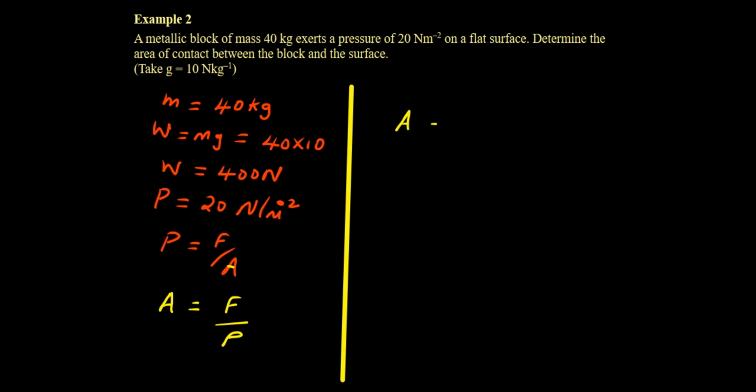Now substituting the whole thing, we have a force which is equivalent to 400 newtons and a pressure which is 20 newton per square meter. So area is equal to, you key in the whole of that into the calculator and the answer is 20 square meters.